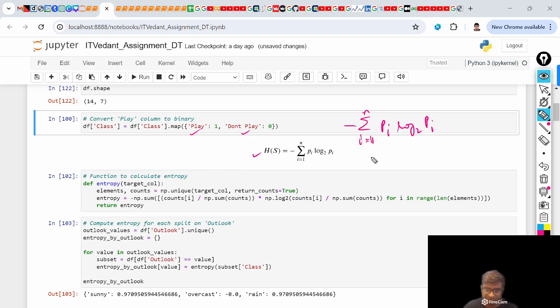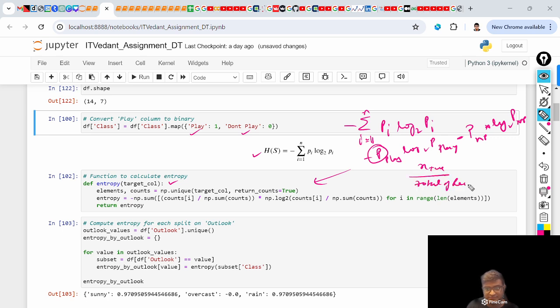So it will be the negative of probability of play times log 2 of probability of play, minus probability of not play times log 2 of probability of not play. Okay. This formula, I have just created as a function with respect to the target column. I am finding out the unique counts. That means this probability is nothing but the number of positives divided by the total number of records, right? And this is the number of negatives divided by the total number of records.